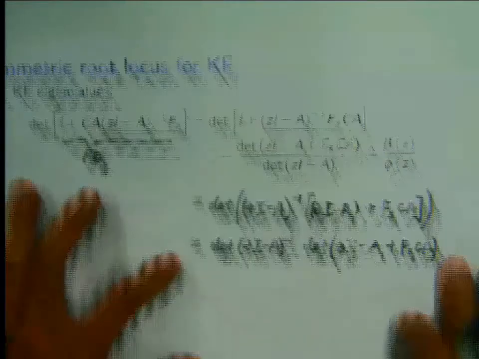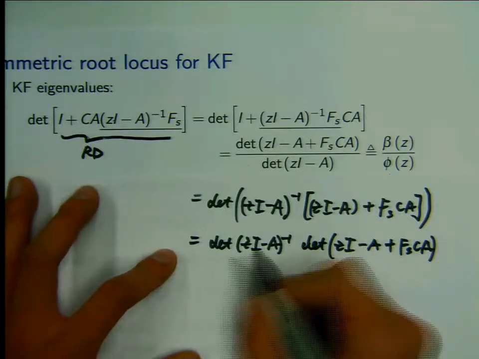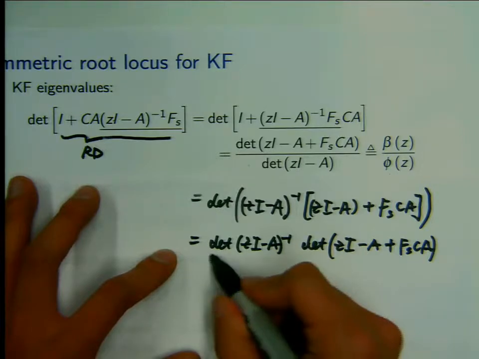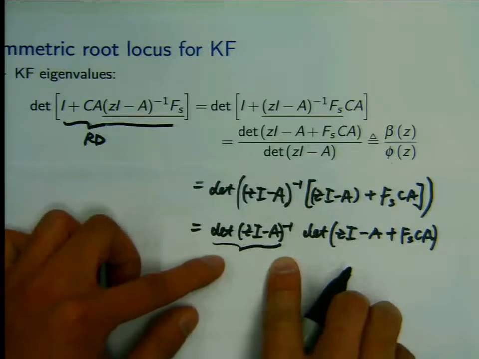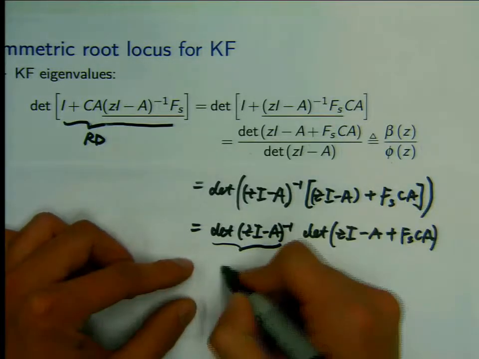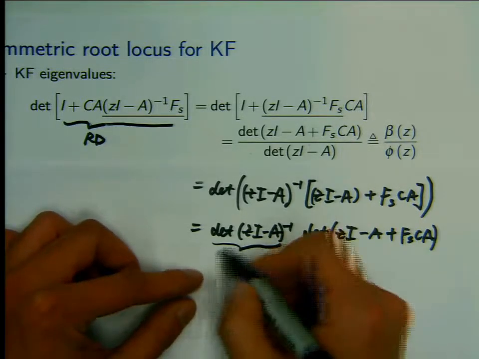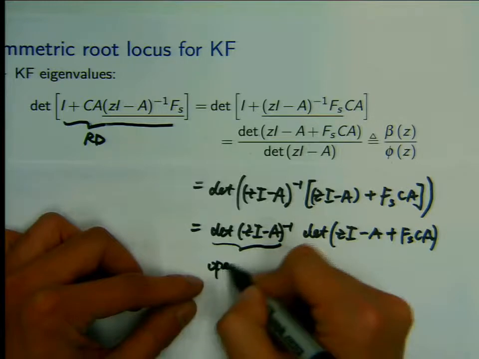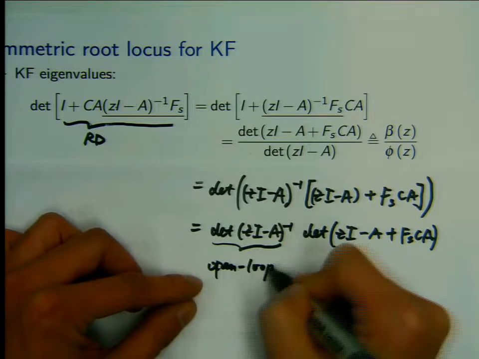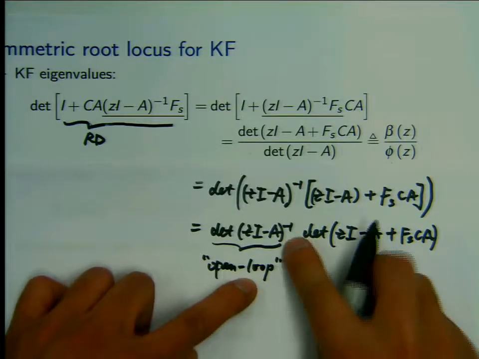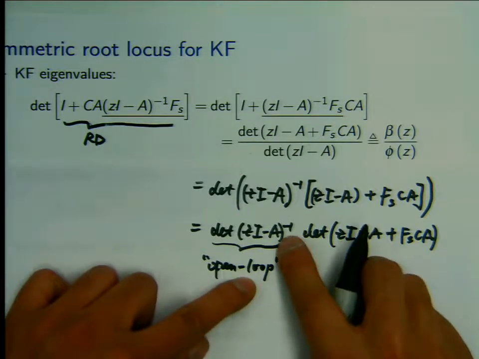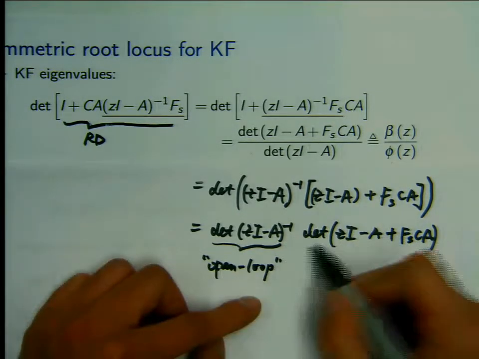Okay? So look at this guy. Let's start with the easy case here. What does this guy give us? It will give us the open loop eigenvalues, because it's calculating the eigenvalues of the A matrix here. What about this guy here?